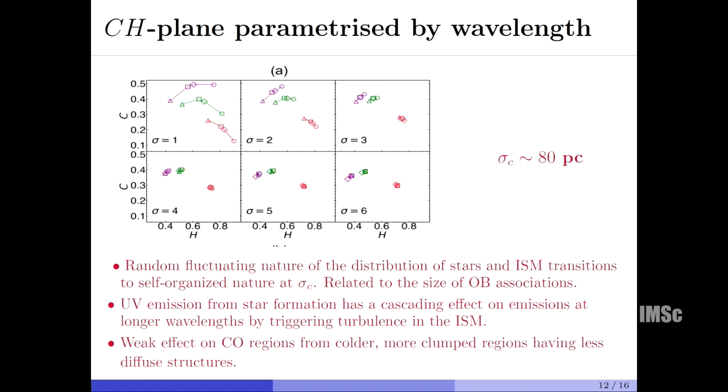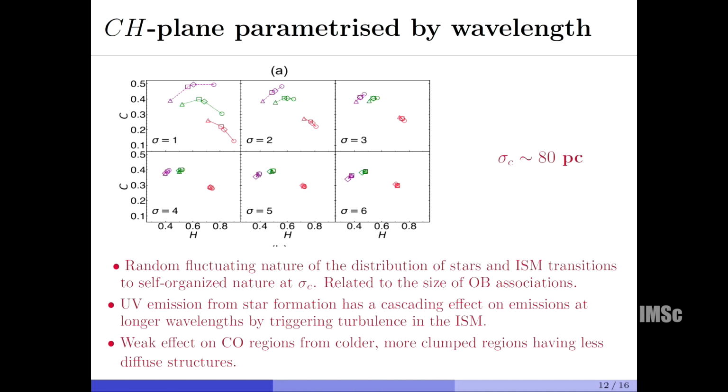They are distinct. Now as I go to higher and higher smoothing scales, I find that they are behaving in the same way and getting clumpy, and we are not able to distinguish any further.